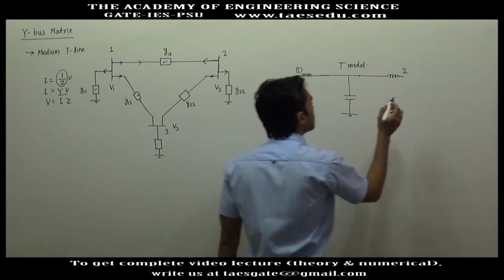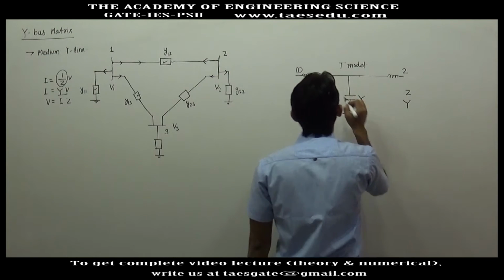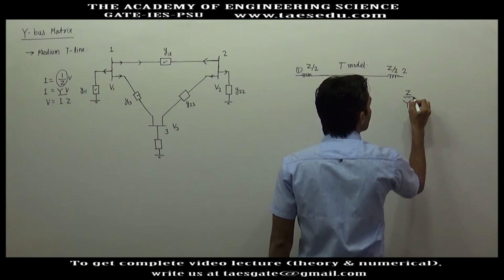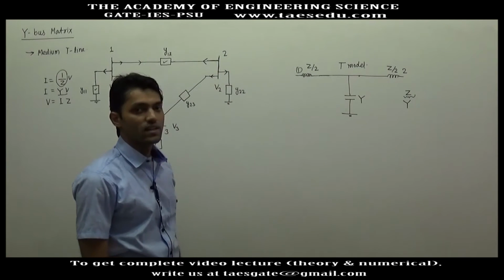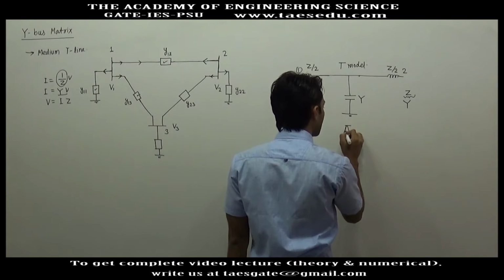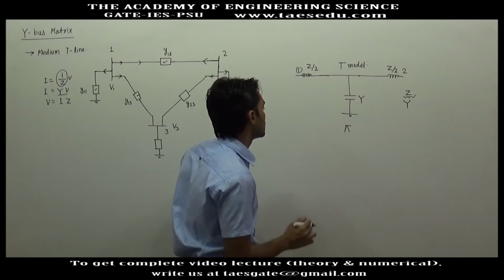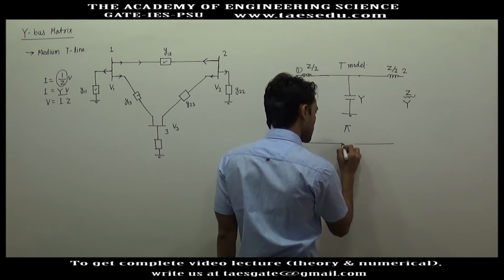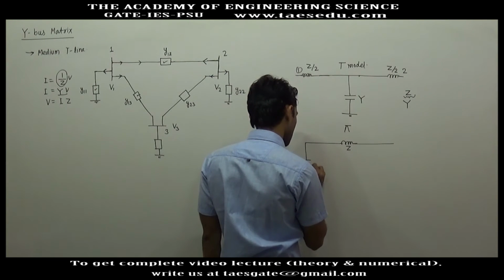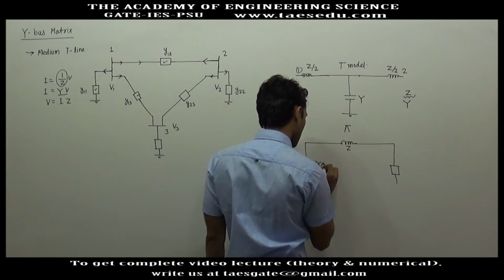If the total impedance of the transmission line is Z and total admittance is Y, then the total impedance is split into two parts, Z by 2 and Z by 2, and connected at the extreme ends. This is the T model. In the other model, the total admittance is split into two parts and connected at the extreme ends. The impedance Z is connected in the middle, and the total admittance Y is divided into two parts, Y by 2.